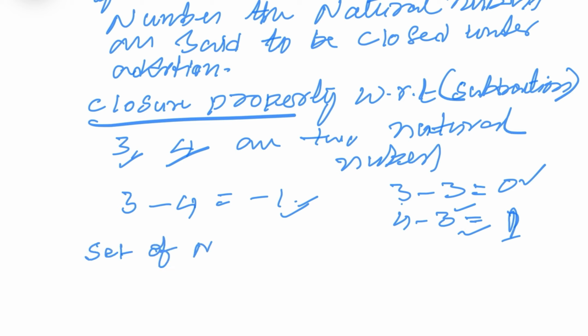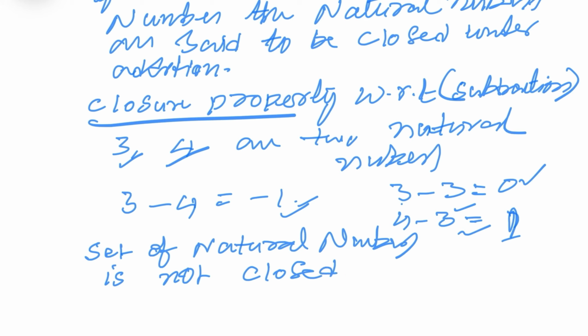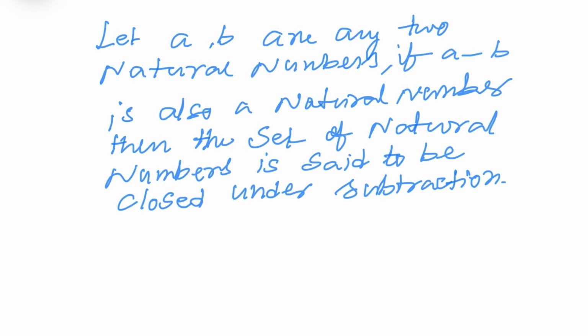The set of natural numbers is not closed under subtraction. Now let us see the definition of the closure property under subtraction. You write like this: let A, B be two natural numbers.